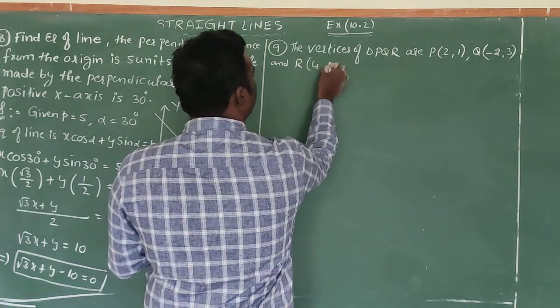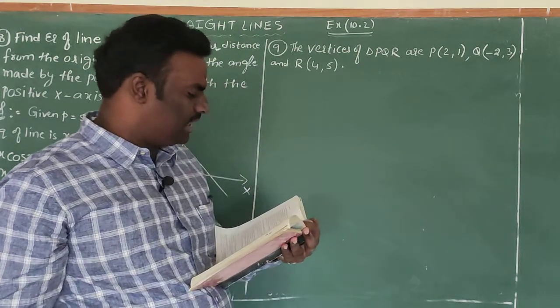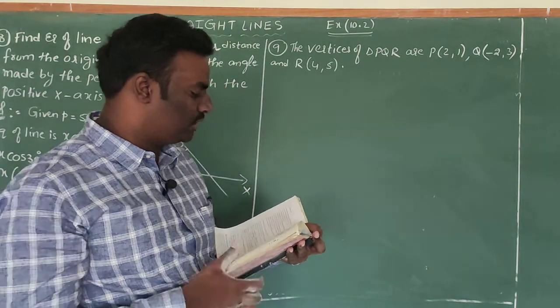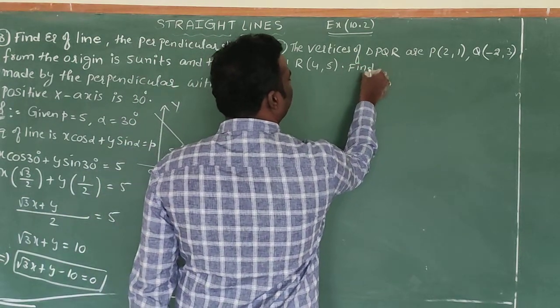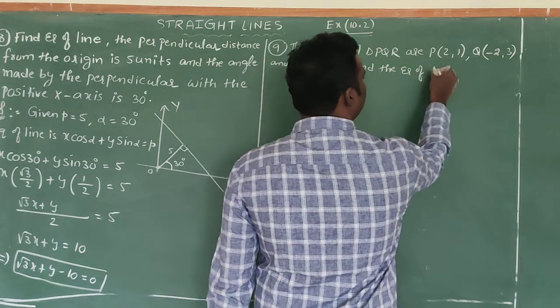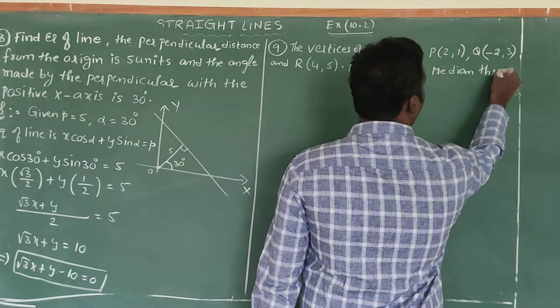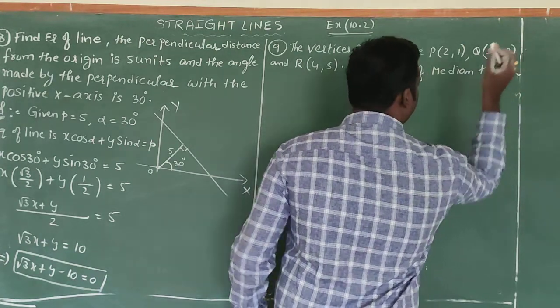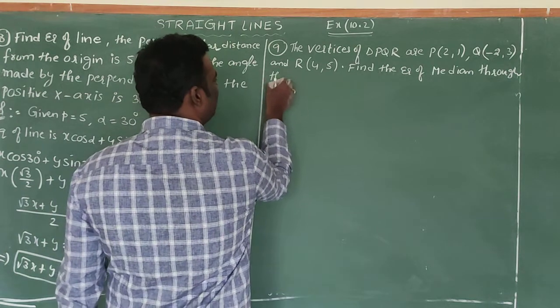P point given, Q point given, R point given. Find the equation of the median through the vertex R.